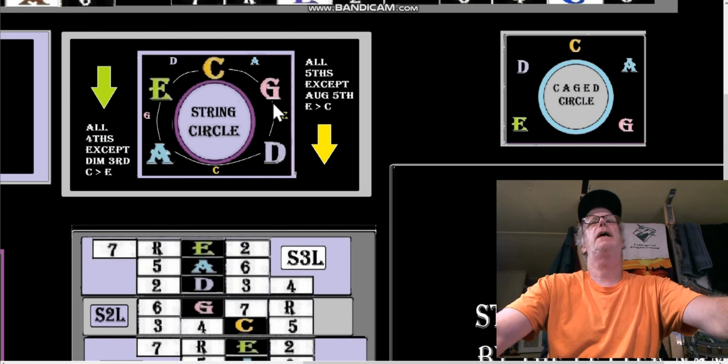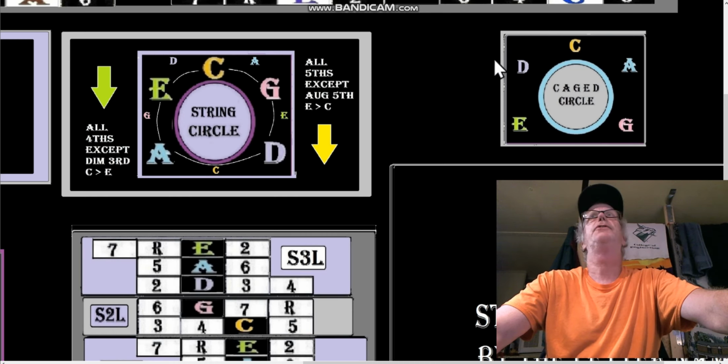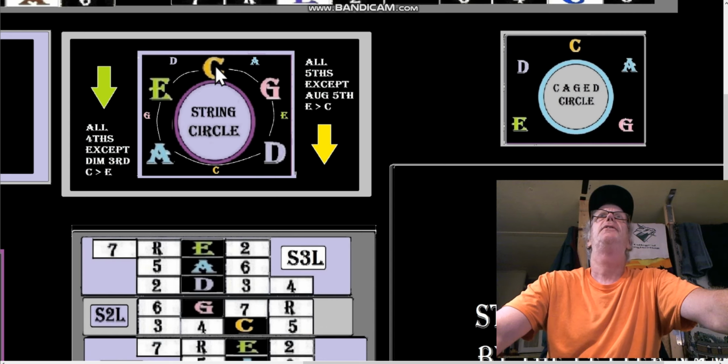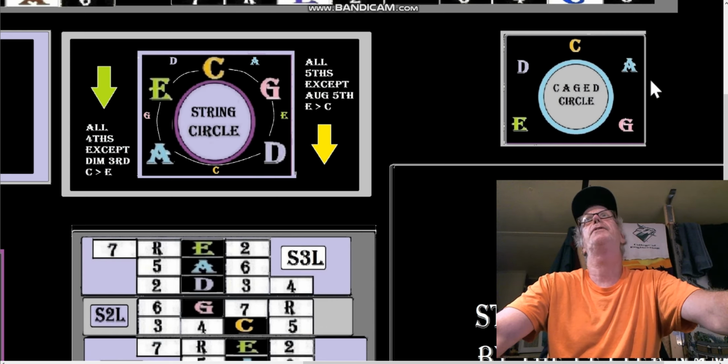So a good way to count in fifths is just use the CAGED word and do every other letter. So C, skip A, G, skip E, D, skip C, A, skip G, E, skip D, C. Same thing. I just went around twice here.